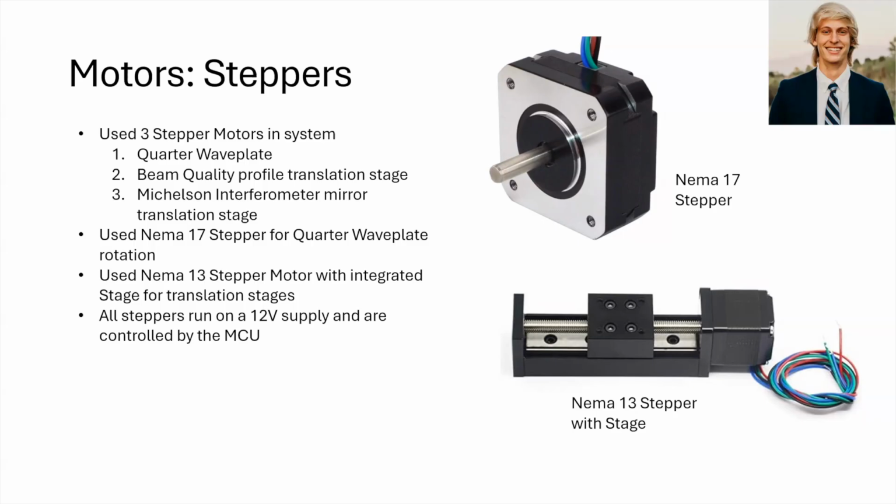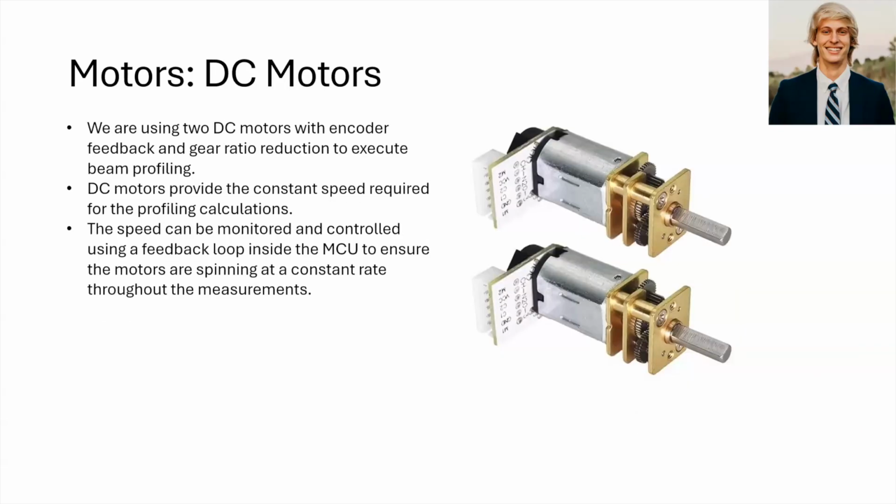The stepper motors have superior accuracy with angles, which is very important for these high precision optical measurements. For the profiling, we needed to ensure that we had a constant speed, for which DC motors were the best option, and with an encoder they provide very accurate and stable speed control.